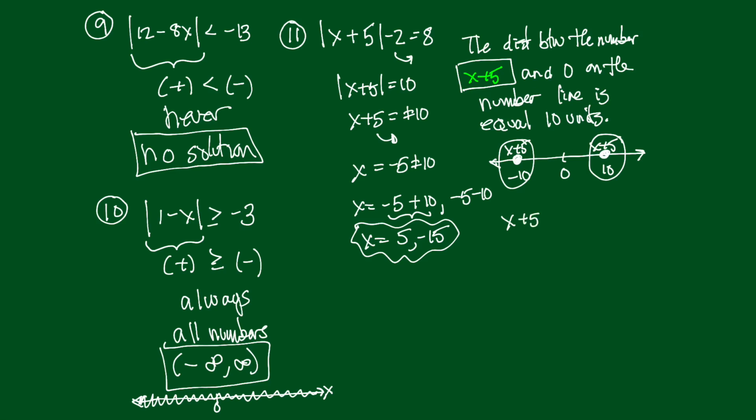X plus 5 equals negative 10, or x plus 5 equals positive 10. From this one I get x equals negative 5 minus 10, x equals negative 15, or from this one, just subtract the 5, x equals 5. So there are our solutions. X equals negative 15 and 5.